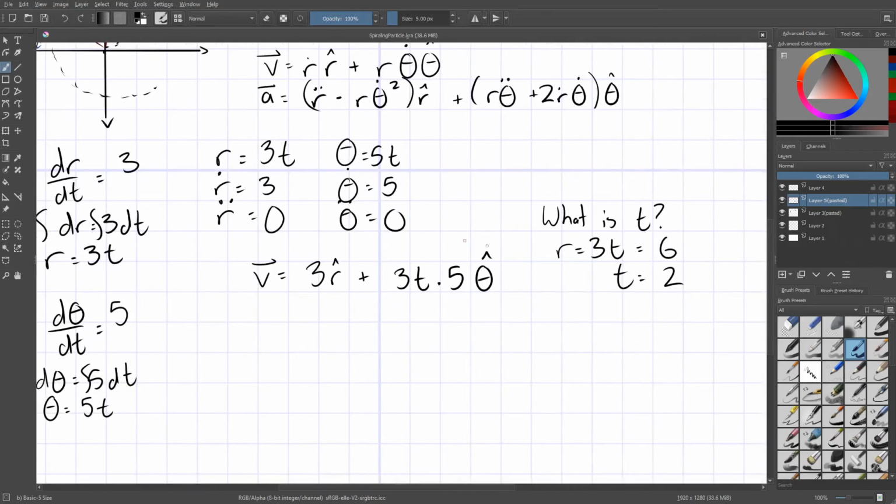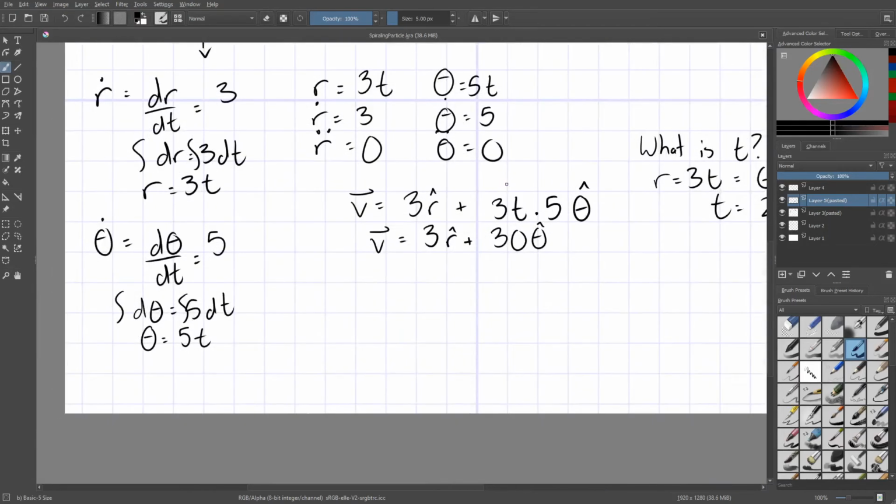Now we can go ahead and just substitute in that 2, and so we get v equals 3 r hat plus 30 theta hat. In order to find the magnitude of this, we know that these vectors are orthogonal to each other, right? So if one of these vectors is 3, one of them is 30, we just use Pythagorean's theorem to solve for our overall magnitude.